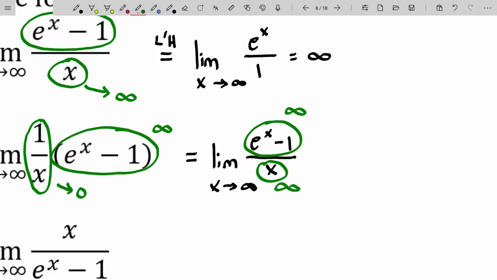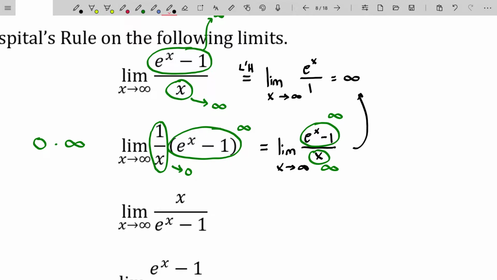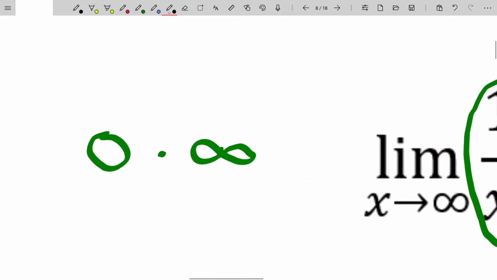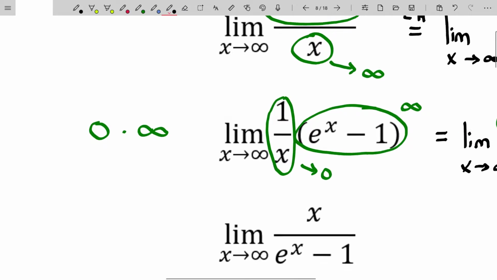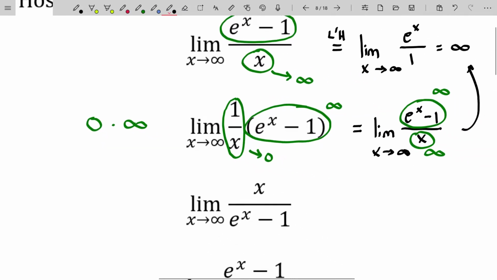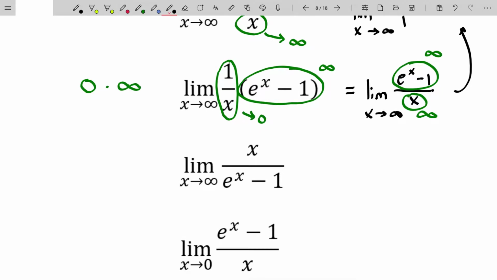And you can now use L'Hopital's rule. And we already just did this. It's just infinity. But I just want to make that note because I think a lot of people trip up, because it's one of the most popular and dangerous forms, 0 times infinity. So whenever you have that form, you want to try to finagle it and rewrite it as infinity over infinity. We'll do some examples like that in the next video.